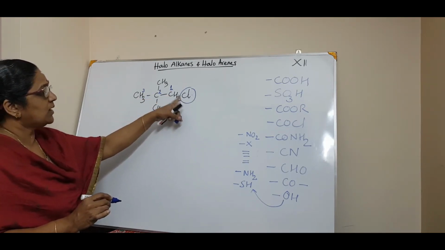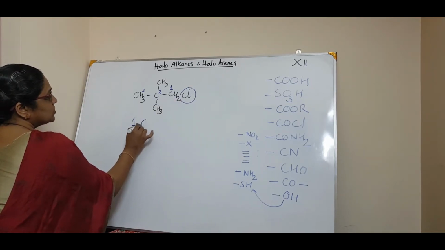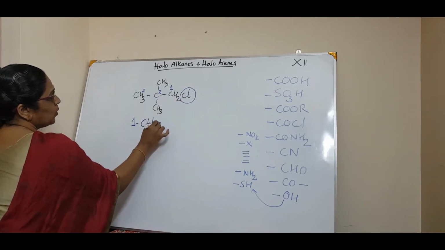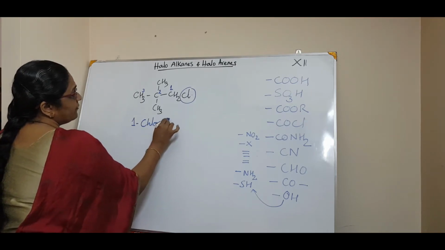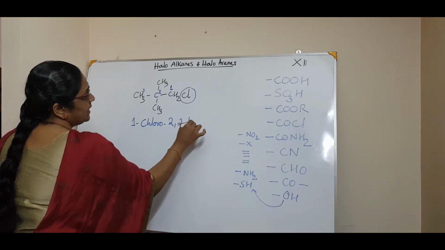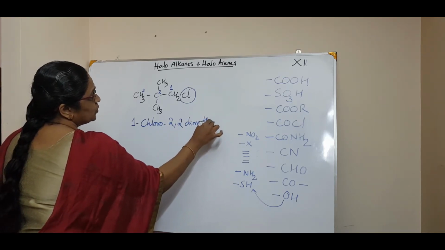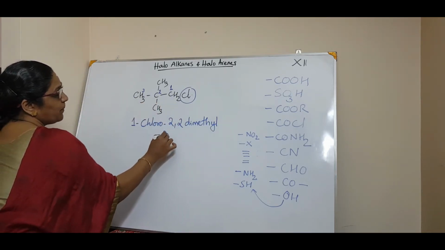This is 1-chloro. Yesterday I didn't write chlorine, I think. So it will be 1-chloro hyphen 2,2-dimethyl, 1, 2, 3, so that is propane.